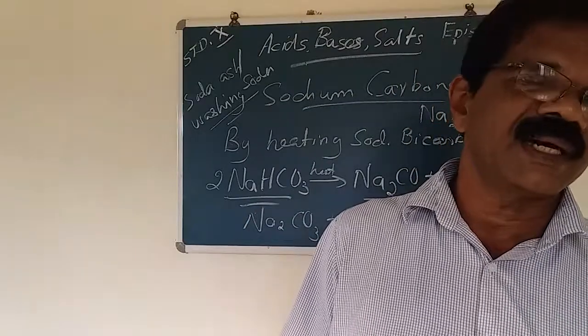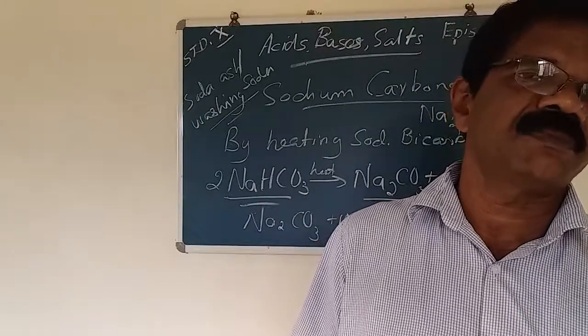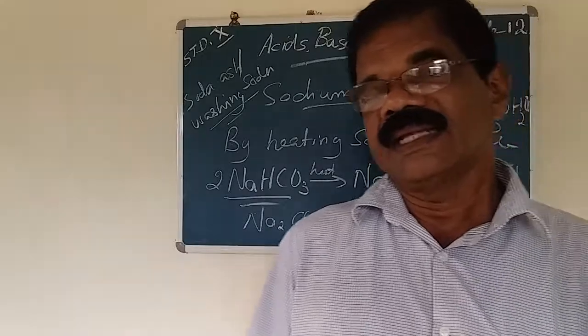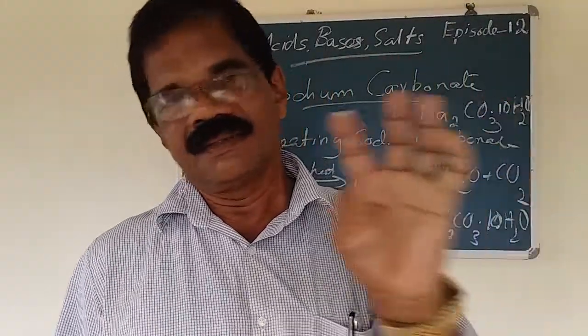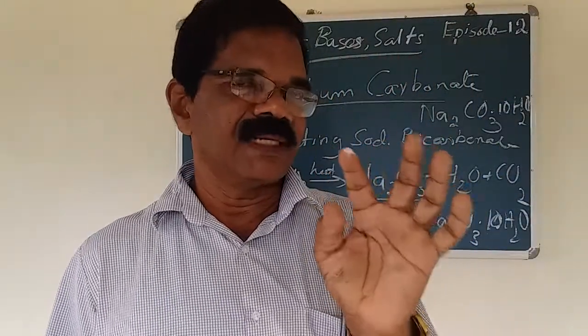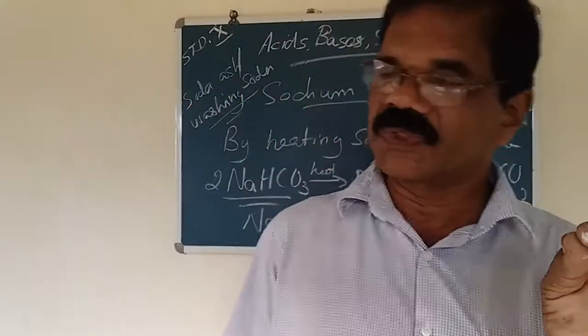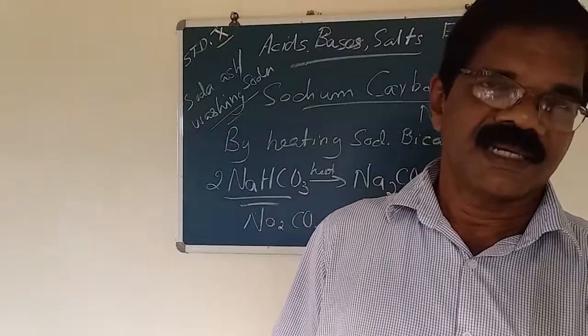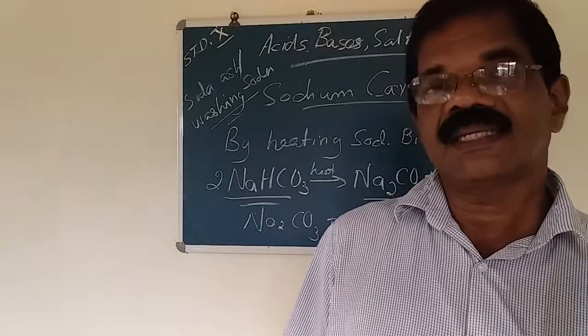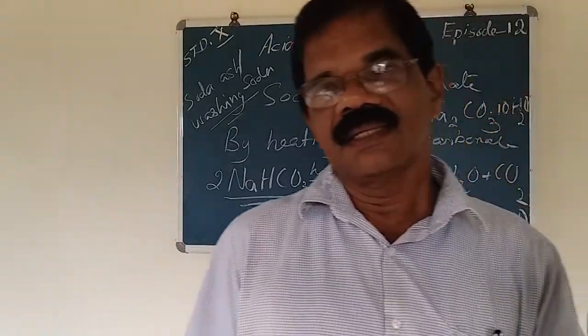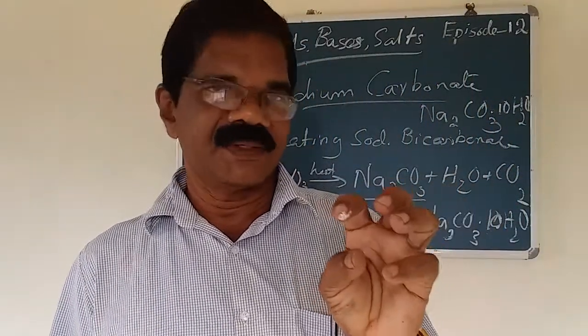Hard water is formed by dissolving calcium bicarbonate. Calcium carbonate is insoluble, but a slight amount may dissolve in water. When calcium bicarbonate or calcium sulfate is dissolved, it is called hard water.